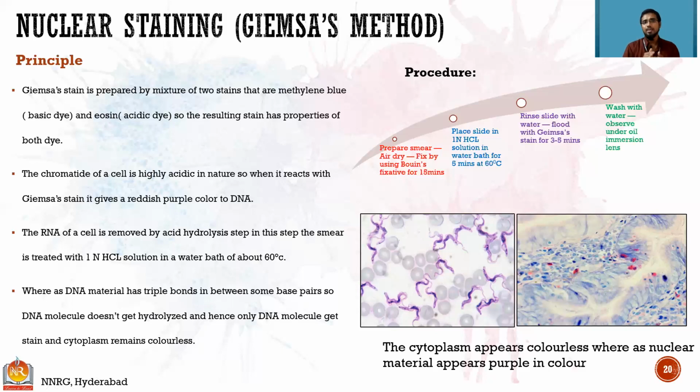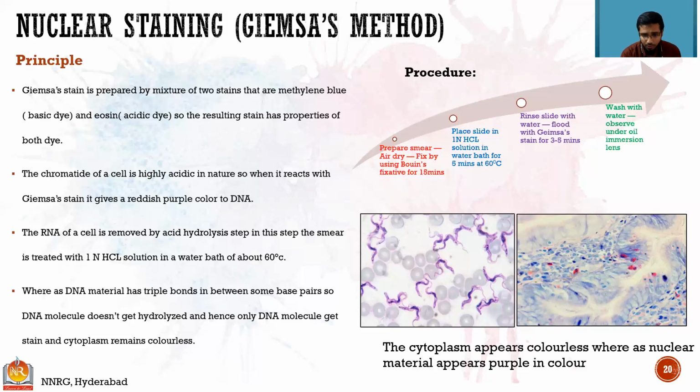Okay, as a result, it won't be there. Whereas the DNA, which has double and triple bonds between the nitrogen bases, because of presence of that triple bond, hydrolysis doesn't occur. As a result, DNA will be absorbing the color and imparting its color, thereby visualizing it. And whereas the cytoplasm will be uncolored.